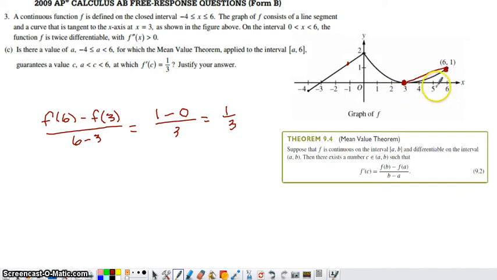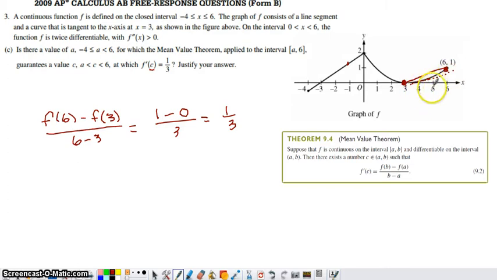Although f is not differentiable in the entire interval, it is differentiable from 3 to 6. So there's going to exist some value c in between 3 and 6 where the slope of the tangent line would equal the slope of that secant line. So I'm trying to draw that tangent line in. This secant line is supposed to be parallel to this tangent line.